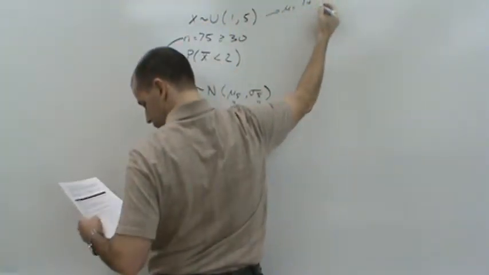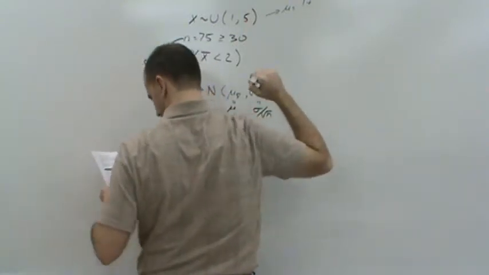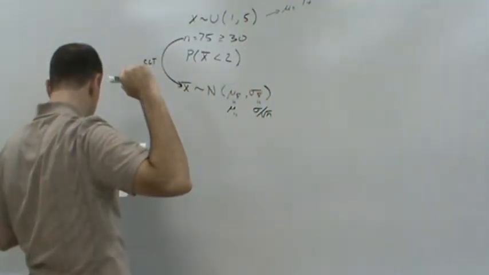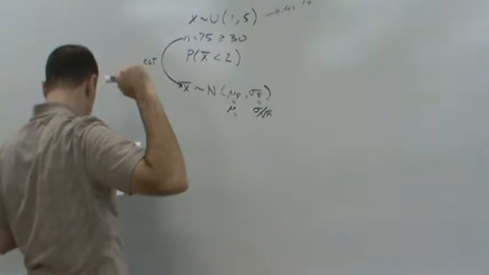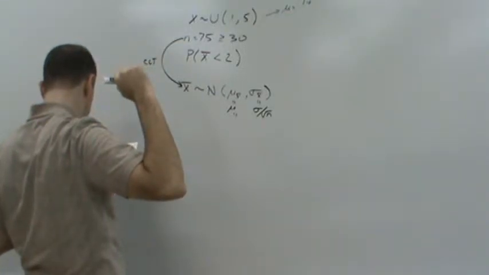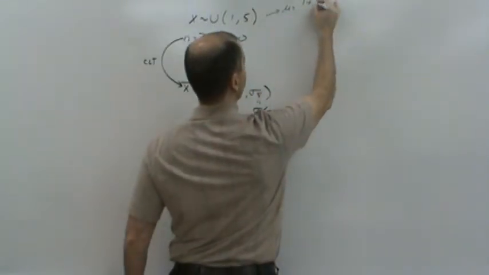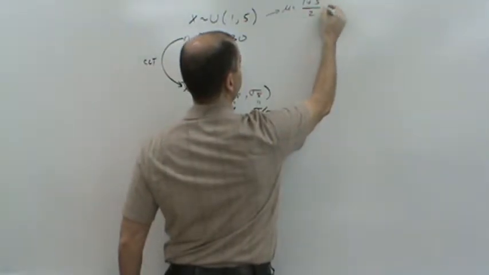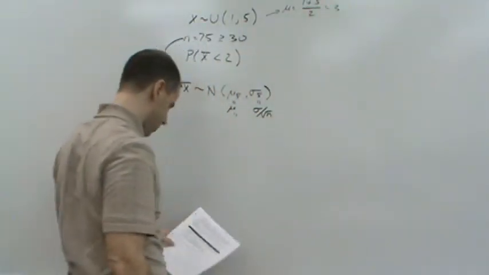Oh, hold on a second. Why do they have 4 here? That's a typo. So 1 plus 5 divided by 2, which is 3. So the mean is 3.